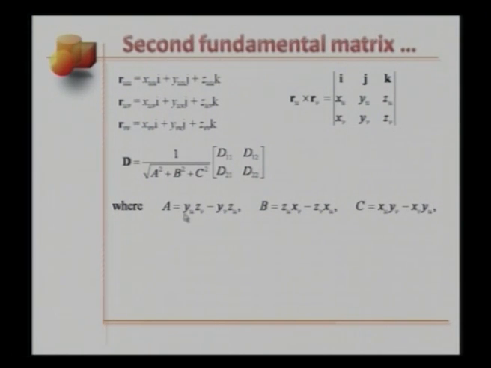A is y_u times z_v minus y_v times z_u. B is z_u x_v minus z_v x_u, and C is x_u y_v minus x_v y_u.